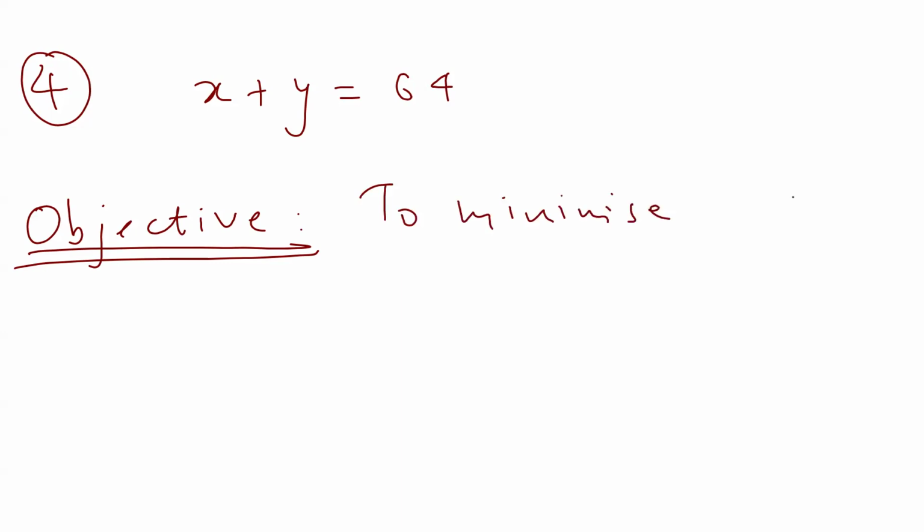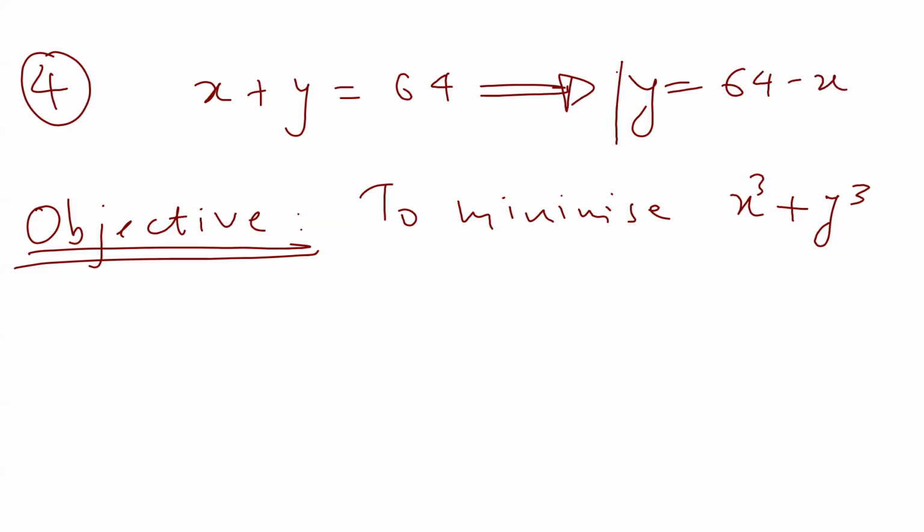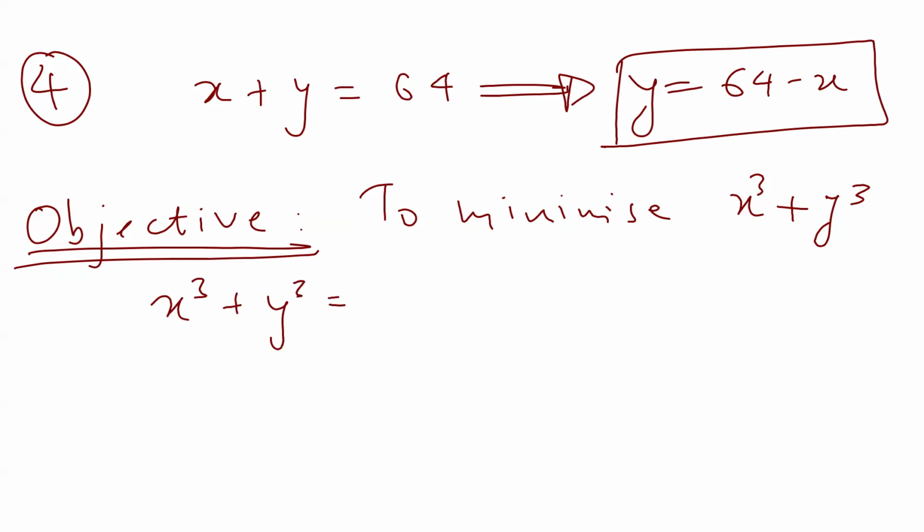Sum means addition, cube of the first part, cube of the second part, x cube plus y cube. Here x in terms of y or y in terms of x, both will be okay. y is equal to 64 minus x. I will just write it down. So x cube plus y cube is equal to x cube plus 64 minus x the whole cube.